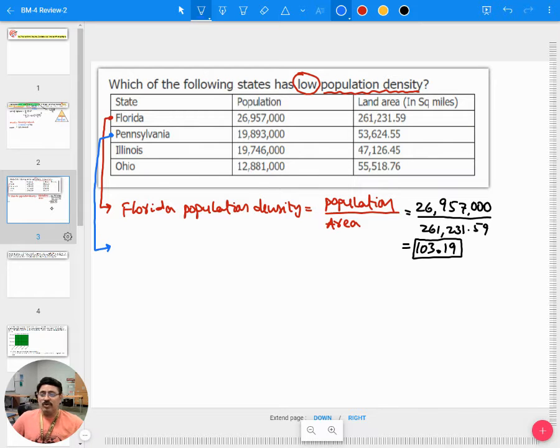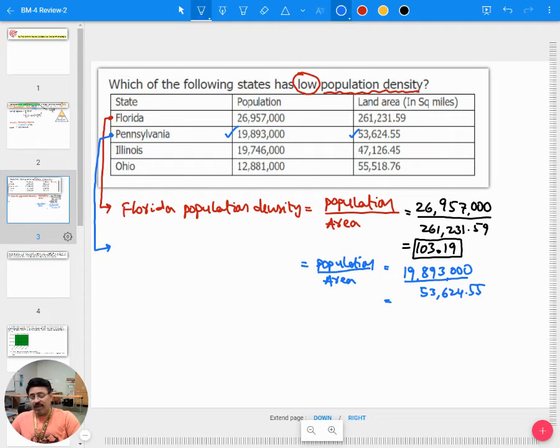I'm not writing the whole story, just quickly writing population over area. The second one: the population is 19,893,000, and the area is 53,624.55.